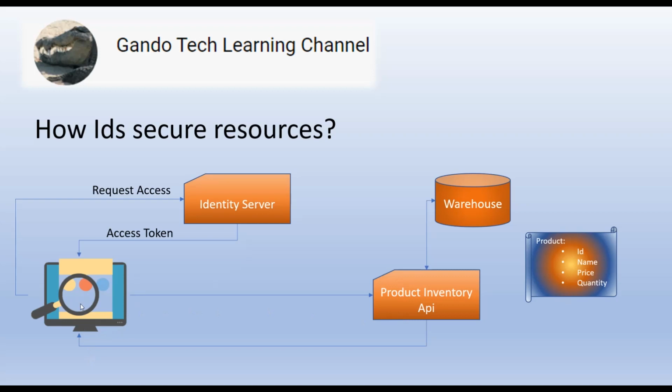For any communication, you have to be authorized first by the identity server, and then you can access the API with that access token, make your requests and get the response. Otherwise, you won't be able to access the product.